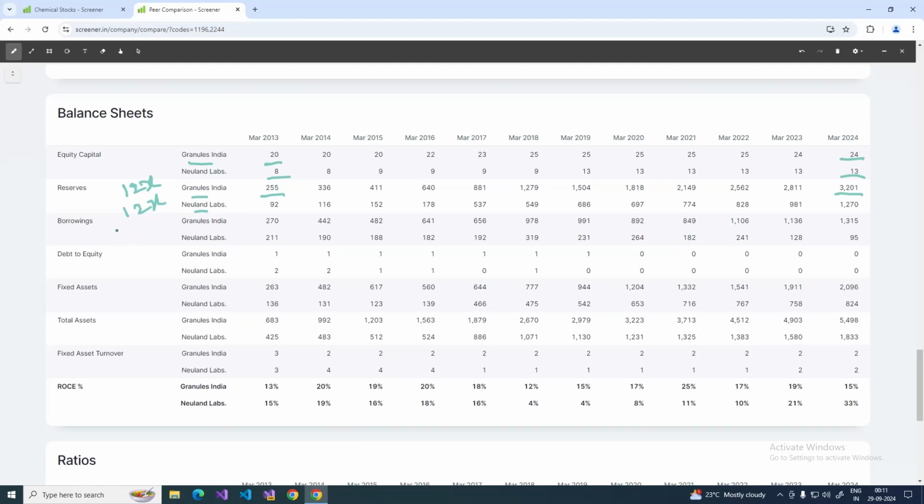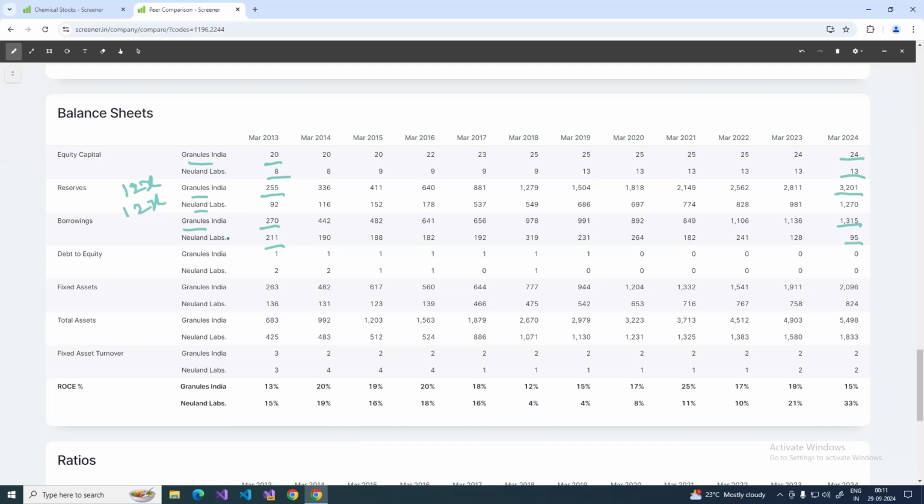Then borrowings. For Granules India, in 2013 borrowings were 270 crores, currently 1315 crores. So Granules India's debt increased from 270 crores to 1315 crores. But for Neuland Laboratories, 211 crores to 95 crores.